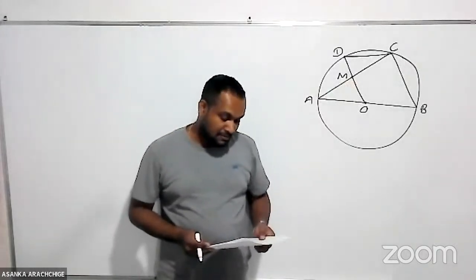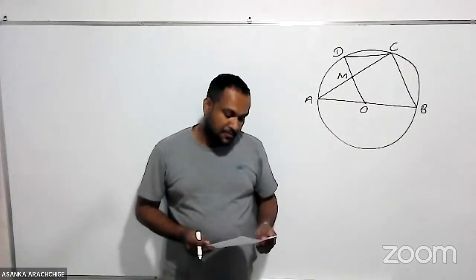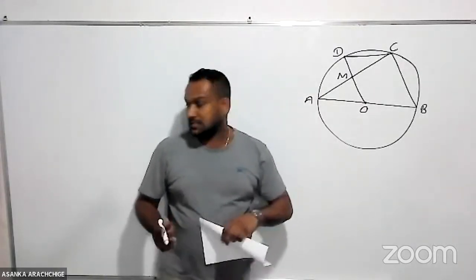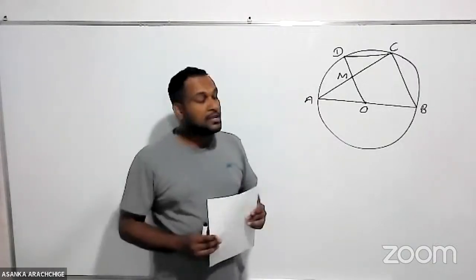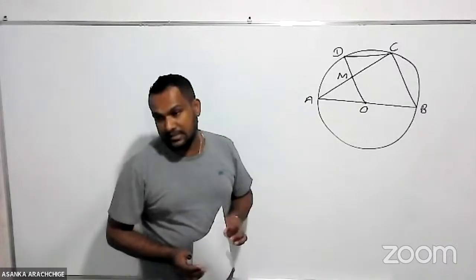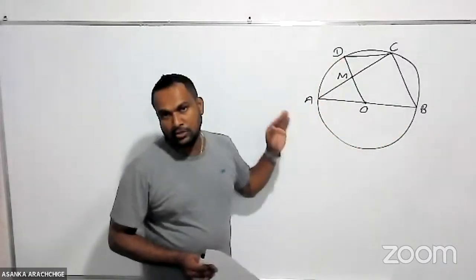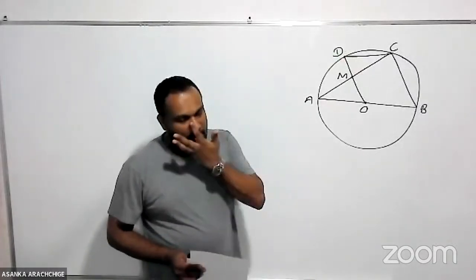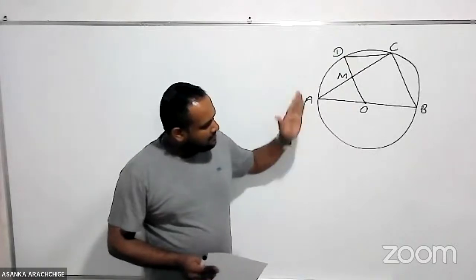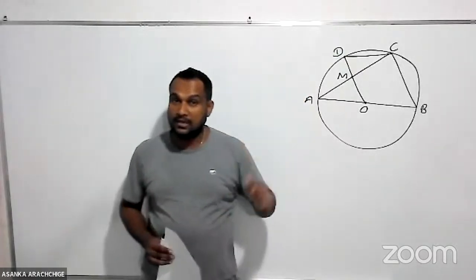Number 1 today. Name a right angle and give the reason for your answer. Tell me, according to the diagram and according to the theorems you have learned so far, what is the right angle that we can see here and what is the reason for that to be the right angle?